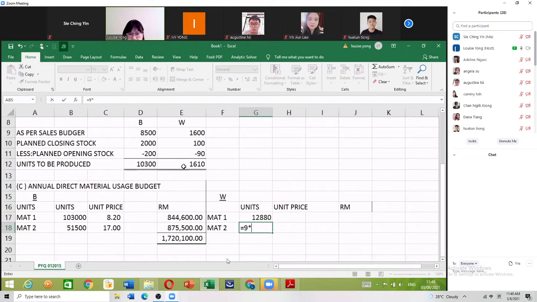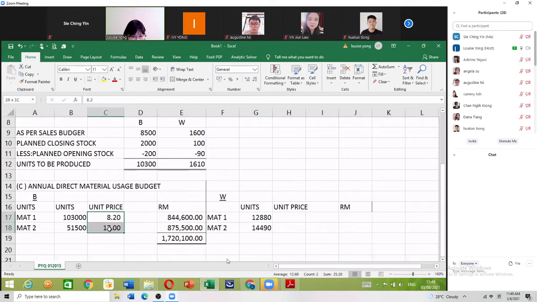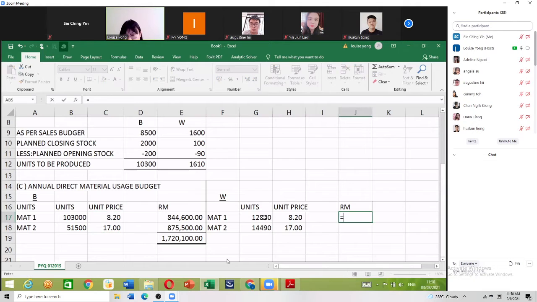Okay, 9 times 1610, so 14490. Okay, so what is your unit price? The same, right? 8 dollars, 8 dollars 20 cents, and 17 dollars. Okay, so what will be your total value here? Okay, so you multiply.